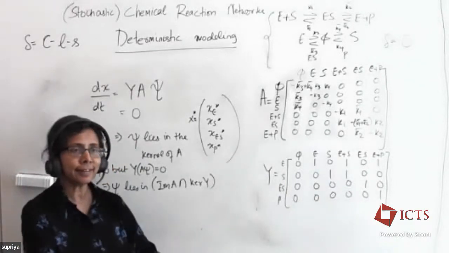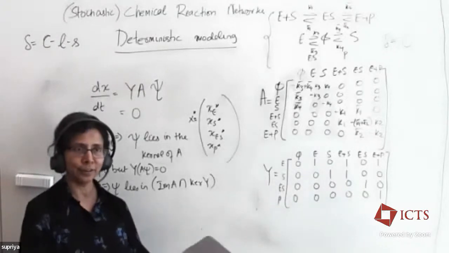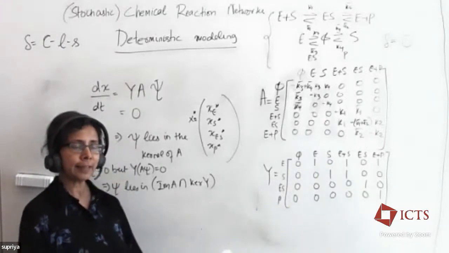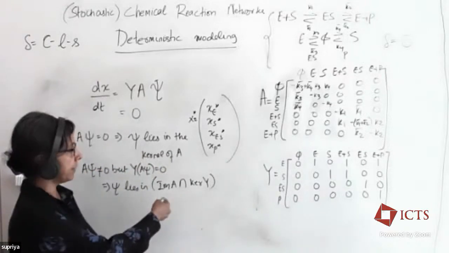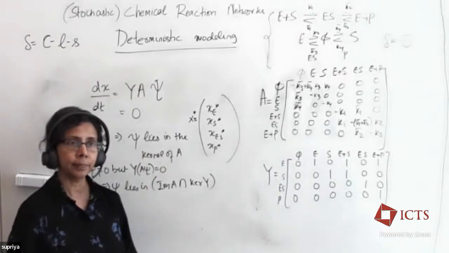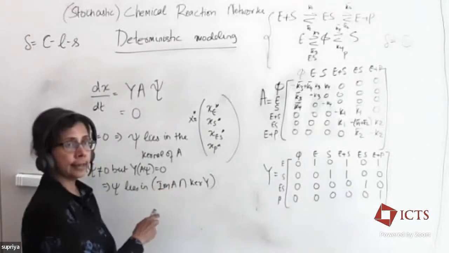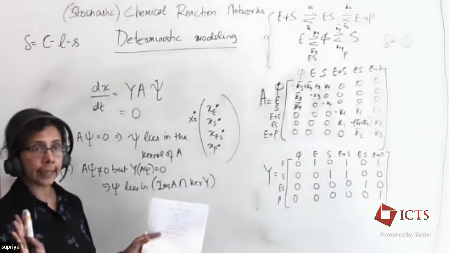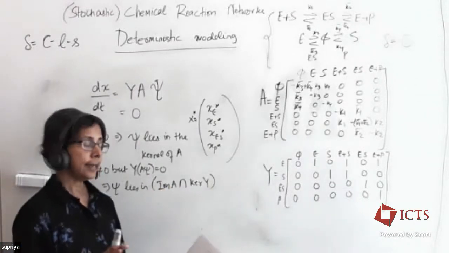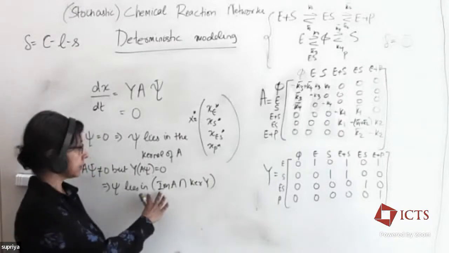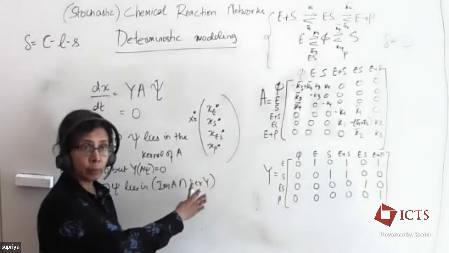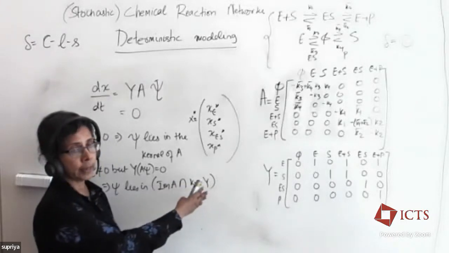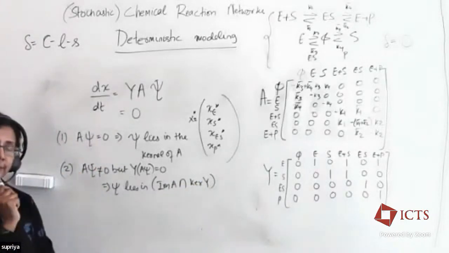Either A kills a vector or it doesn't; A can't do much more than that. If it killed the vector, that vector was lying in the null space of A. If it didn't kill the vector, that vector lies in the image of A. And this just means that whatever vector A did not kill lies in the image of A, but it got killed by Y, so it should be lying in the kernel of Y. Is that making sense?